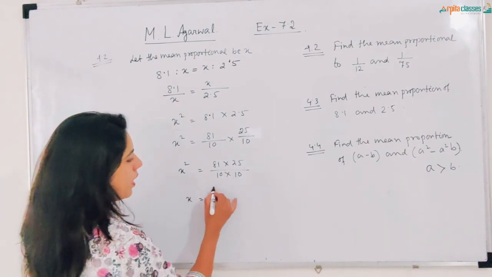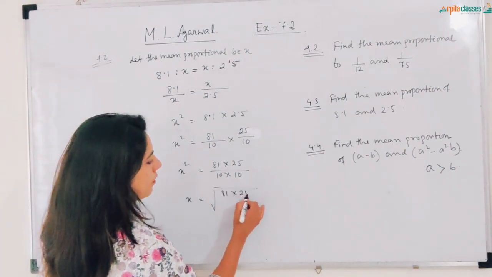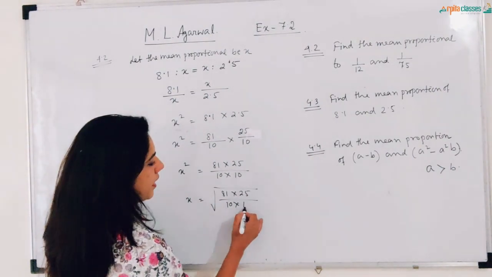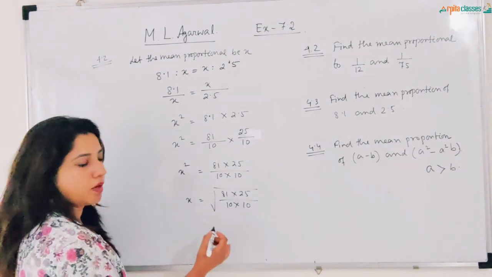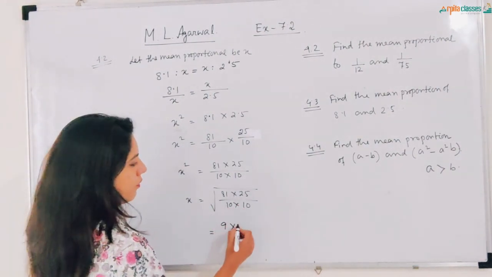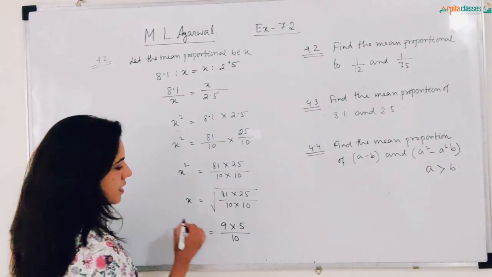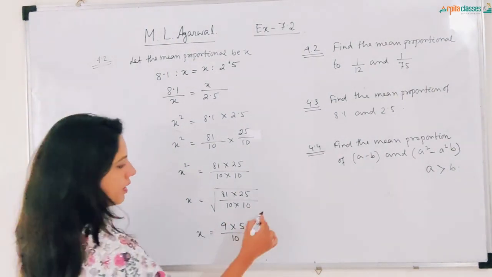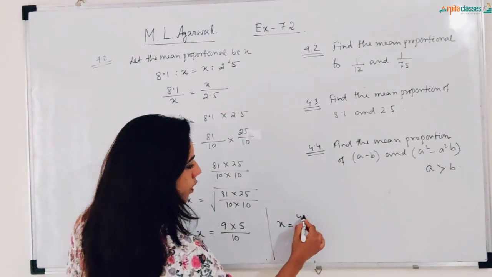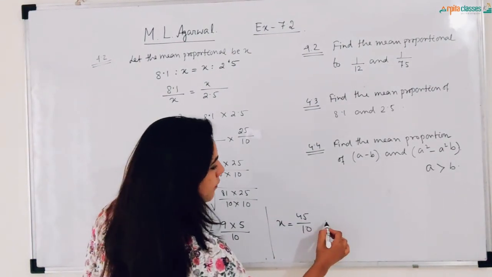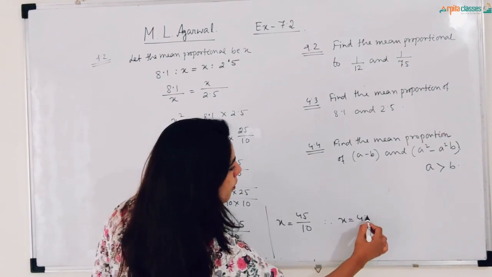And x is equal to under root 81 into 25 divided by 10 into 10. So the square root of 81 is 9, the square root of 25 is 5, and the square root of 100 is 10. So x is equal to 5 into 9 upon 10. So that is x is equal to 45 upon 10. Therefore the value of x is equal to 4.5.